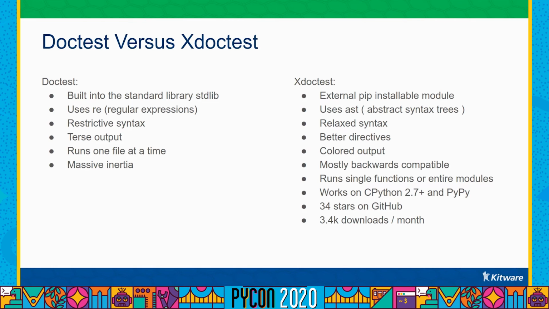It runs quite well on a lot of the existing packages that use Doctest that I've tested it on. It can run either single functions or entire modules, and I've tested Xdoctest on all CPython versions 2.7 plus, as well as PyPy. But it only has 34 stars on GitHub, despite having 3.4 thousand downloads every month.